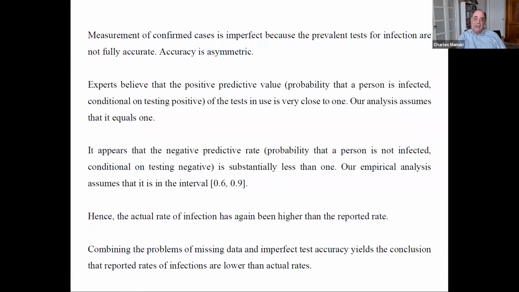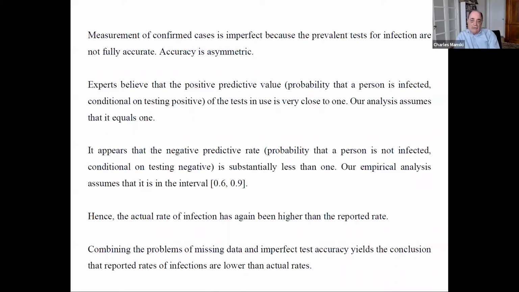It's been discussed often. There's a second issue that has received some attention, but not nearly as much. And it's one that we all need to be aware of if we're actually tested ourselves, is that the prevalent tests for infection, these nasal swab tests, are not fully accurate. And moreover, there's a great asymmetry in it.